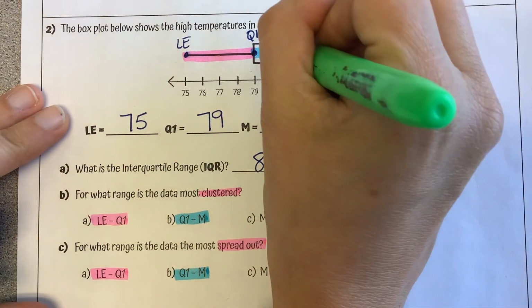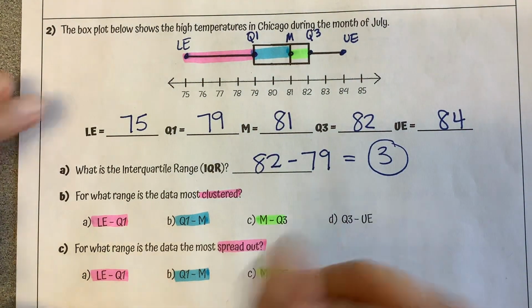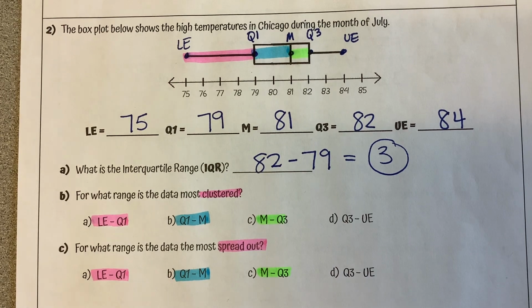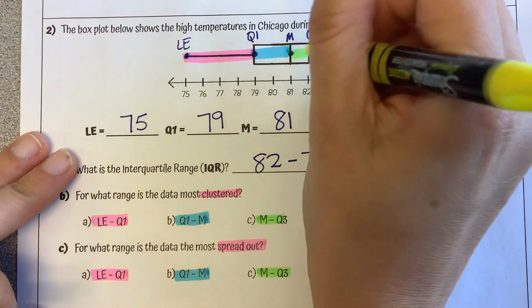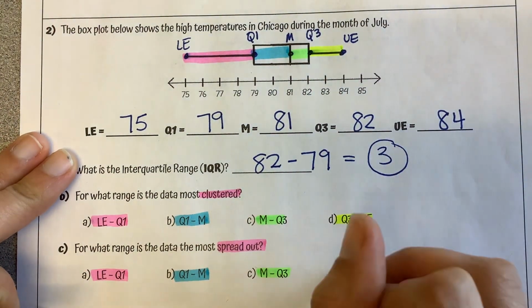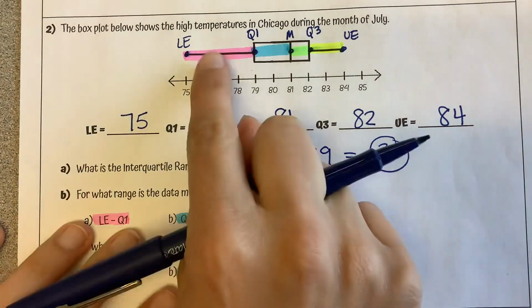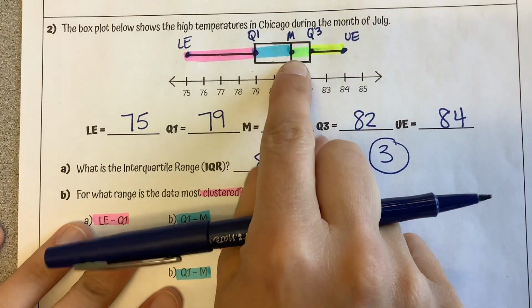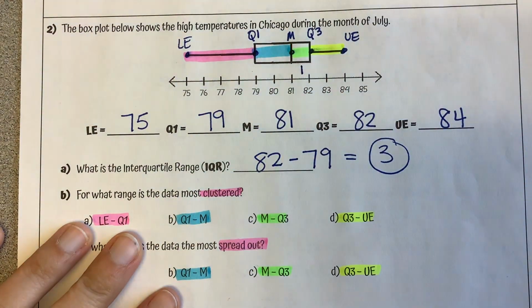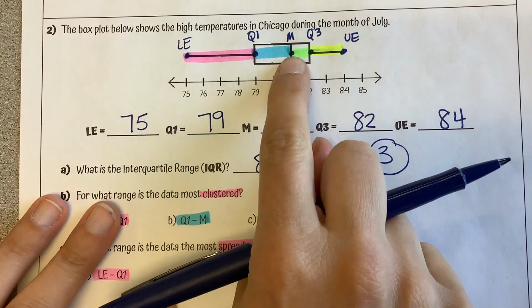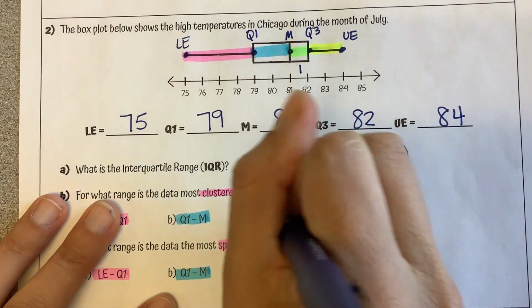Our next range is the median to the Q3. And last but not least, the Q3 to the upper extreme. So the first one is, where is it the most clustered, the closest together? Between these 4, this green one looks the smallest. That is a distance of 1. So that green was our median to the Q3.